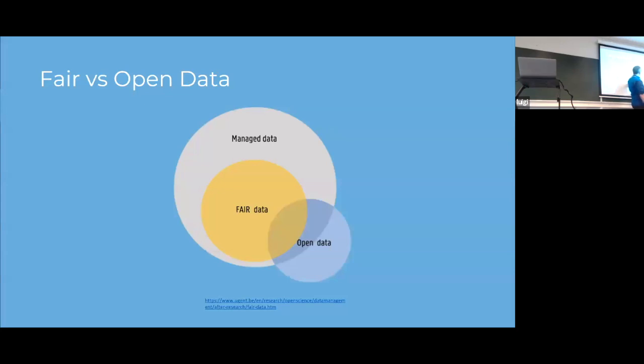There is data correctly managed, and we want to share it with others with good principles. So we are there. And of course, there is data that are open, but not reusable, not manageable, data that we can do nothing with. So here today we are more in this area.